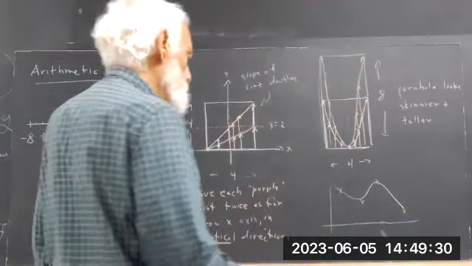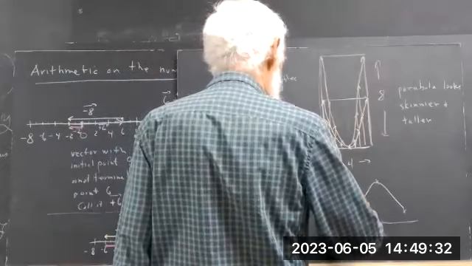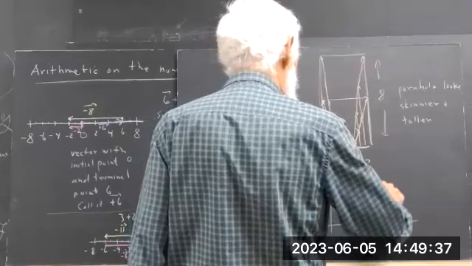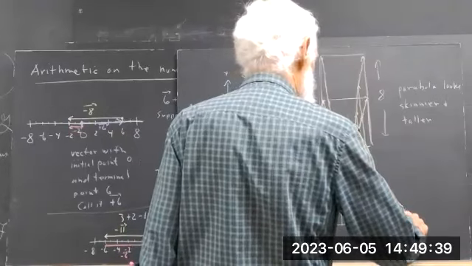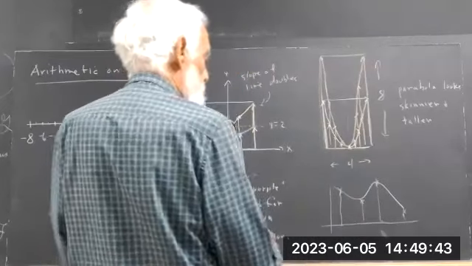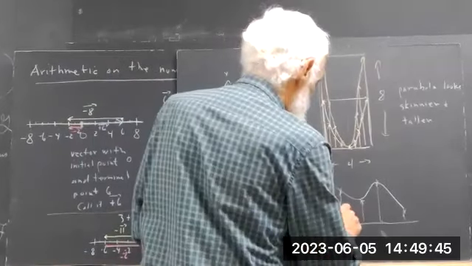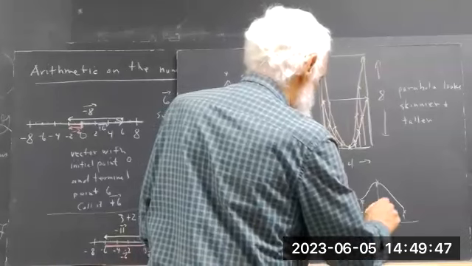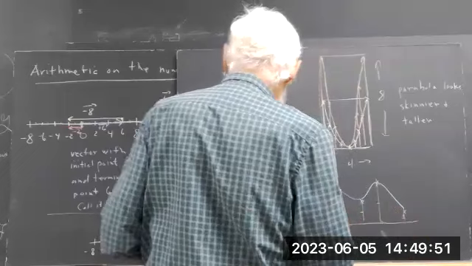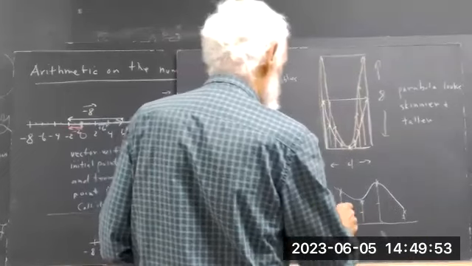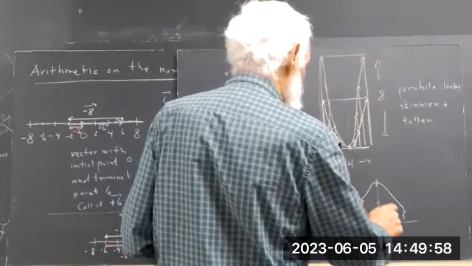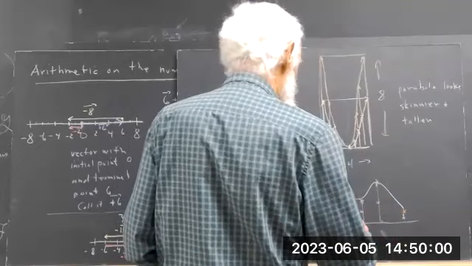Let's take half of each of these points, and take a point that's halfway to the x-axis. And now I have a point here, here, here, and here.